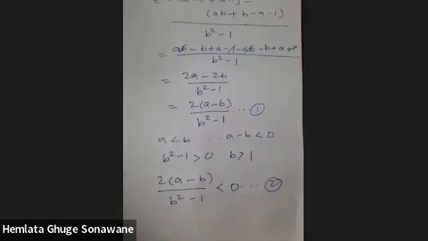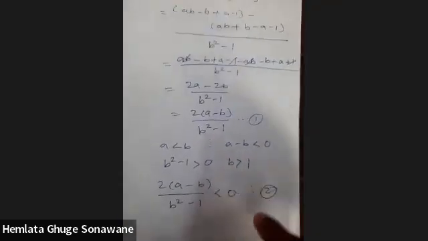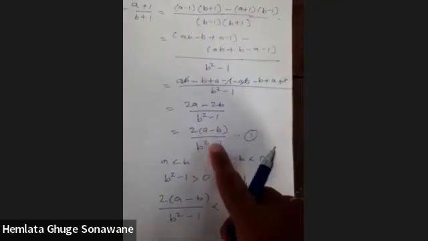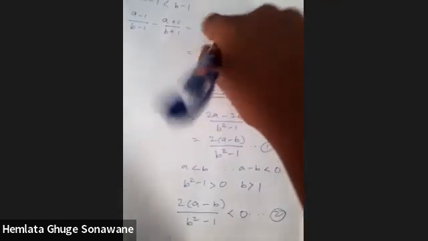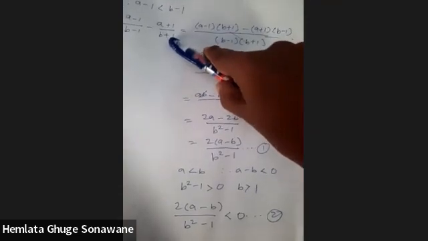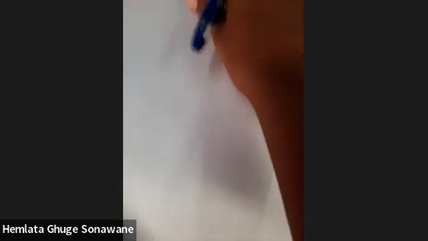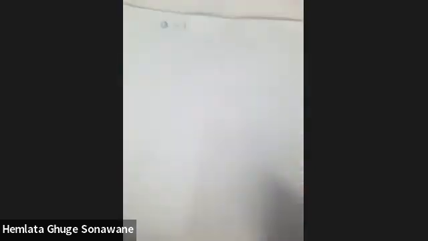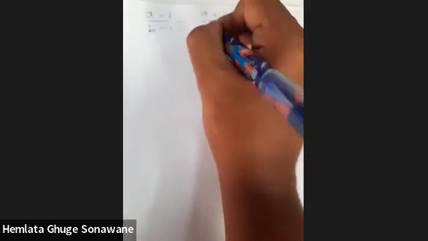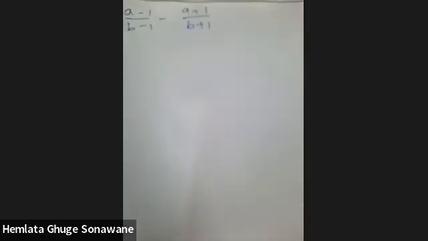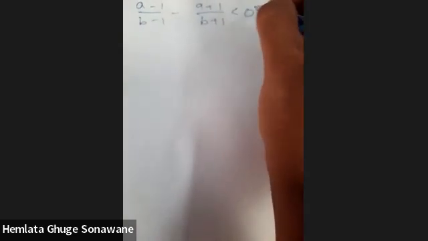Okay, so from this what we have arrived at, this value of A minus 1 upon B minus 1 minus A plus 1 upon B plus 1 is also smaller than 0.